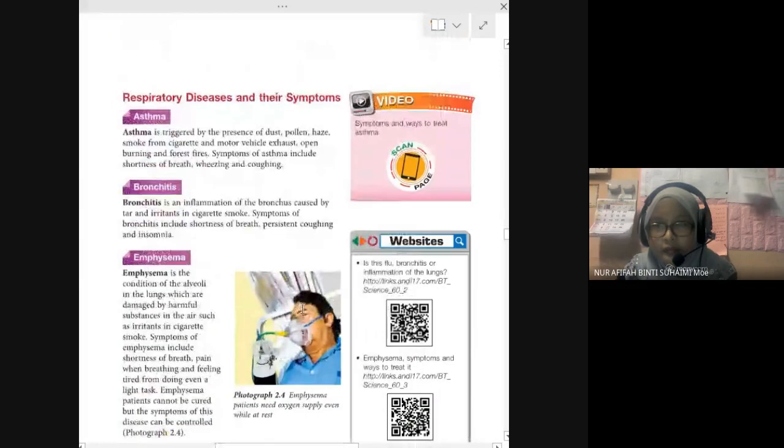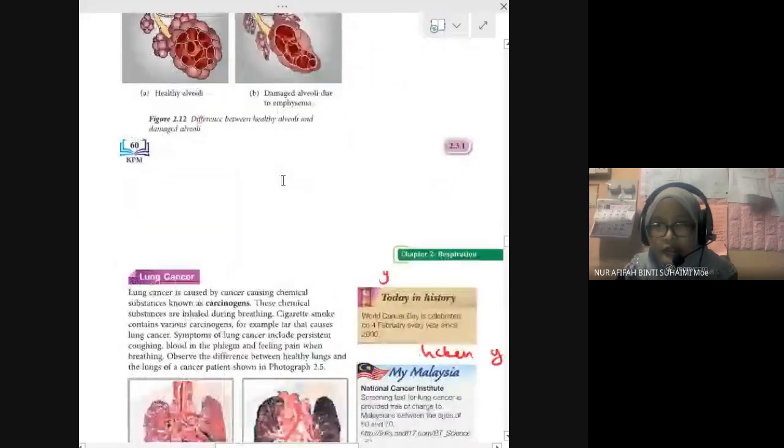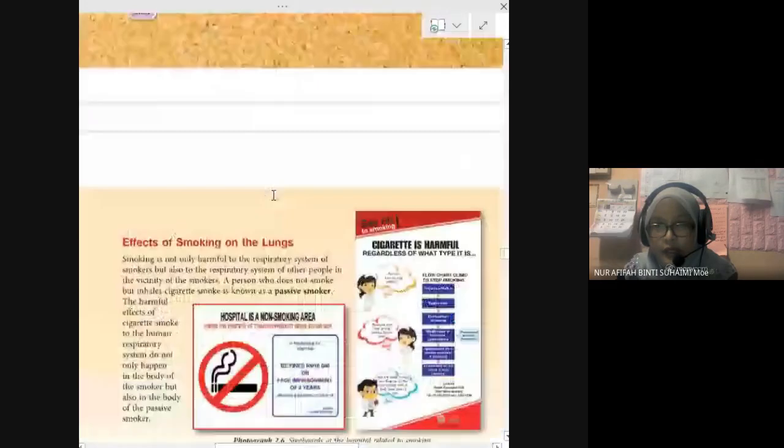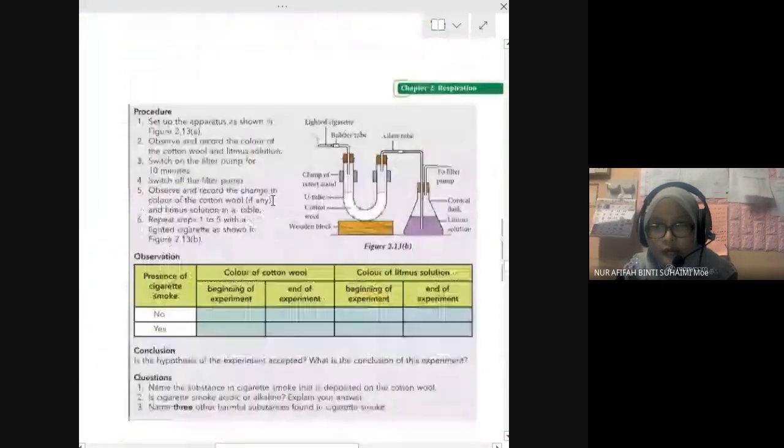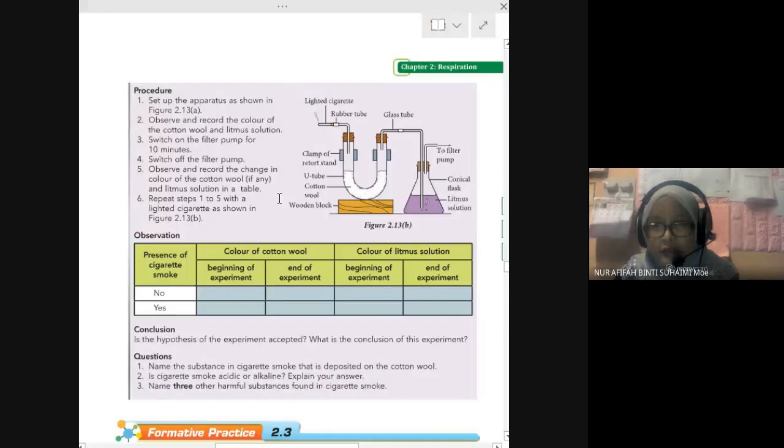And then respiratory disease with their symptoms: lung cancer, pneumonia, asthma. And then the experiment that uses a lighted cigarette, to detect the presence of tar, the presence of acid in the cigarette smoke that turns the litmus solution yellow.